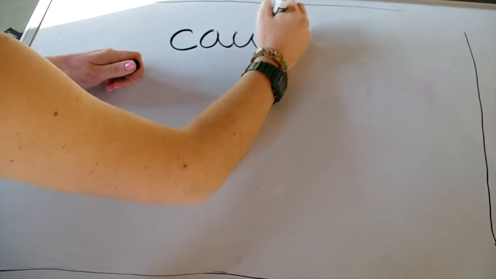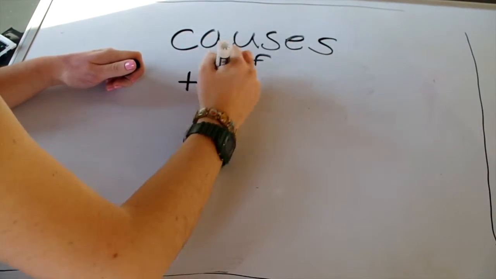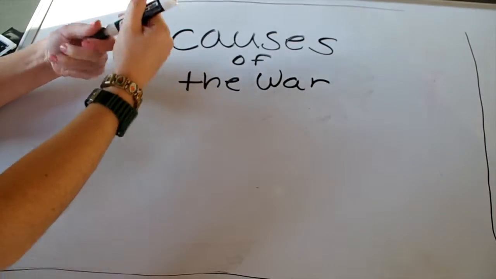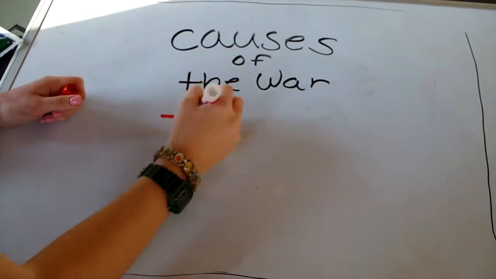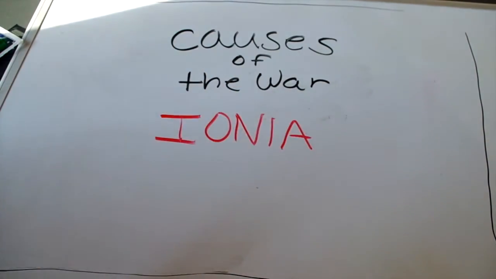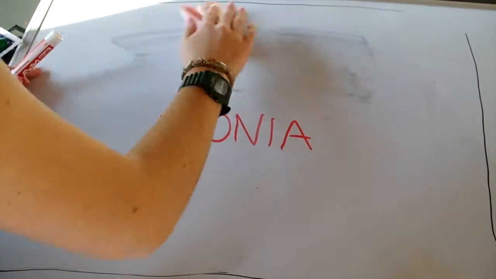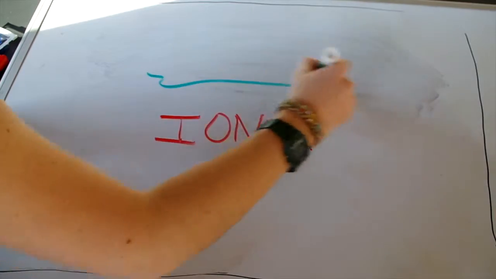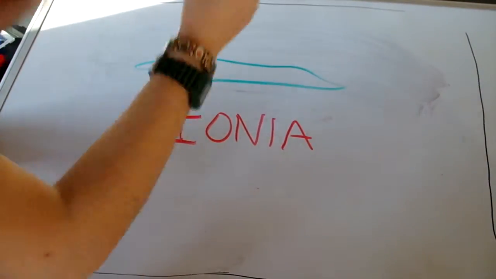The Persian War began from one small Greek city-state. This city-state was known as Ionia. Ionia was a small Greek island.